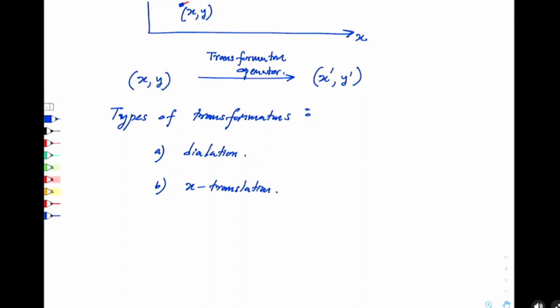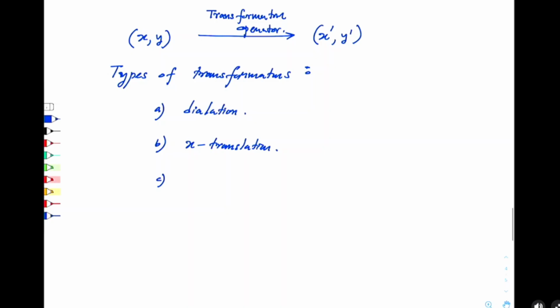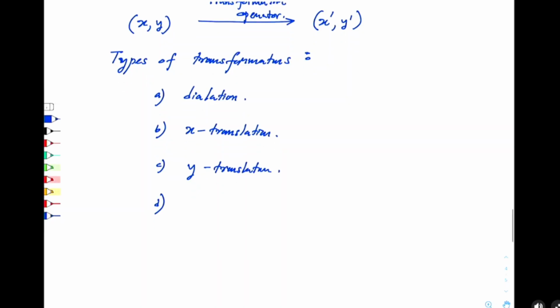Not transformation. Translation. The third one, you go to London and come here: Y translation. The last one, which is very important, is the one which is coming in the exam: a combination of all three.